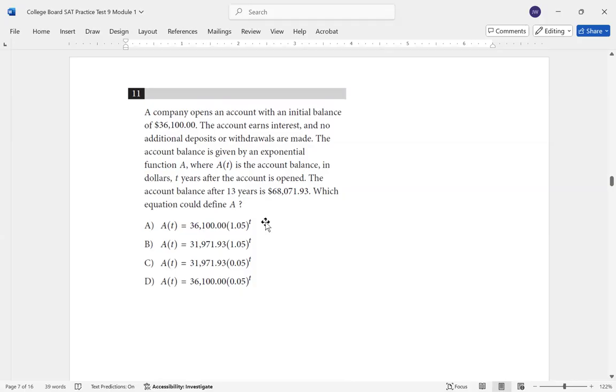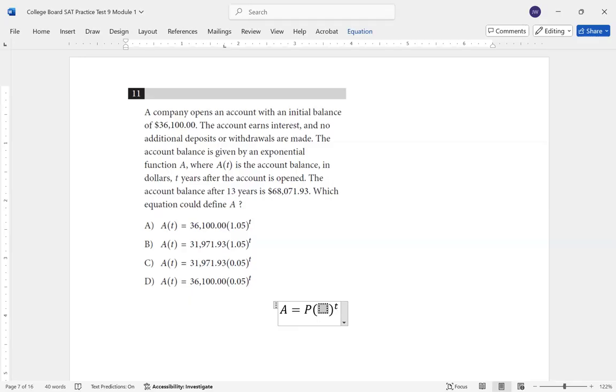The account balance after 13 years is $68,071.93. Which equation could define A? So if A is an exponential function, then it is going to look like some sort of coefficient, which is an initial amount, we'll call that P, times 1 plus some rate, raised to the t power.